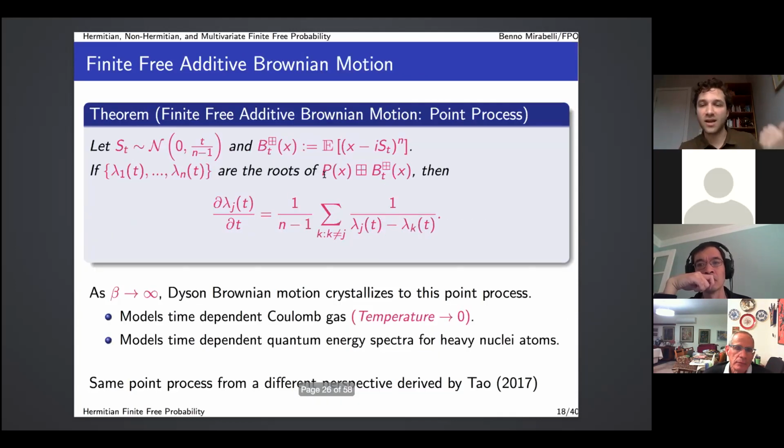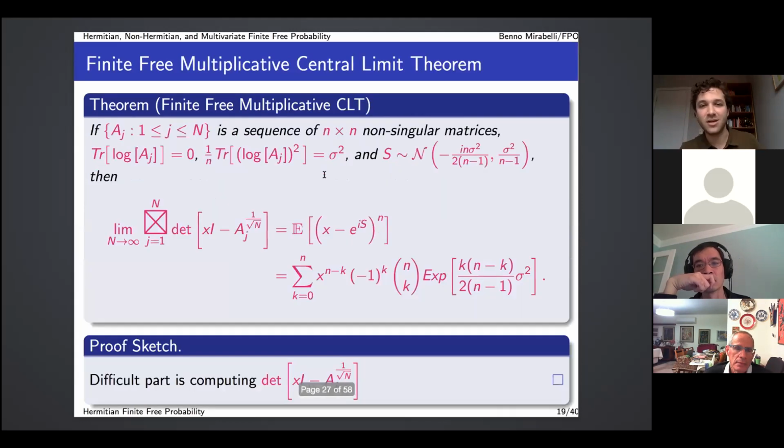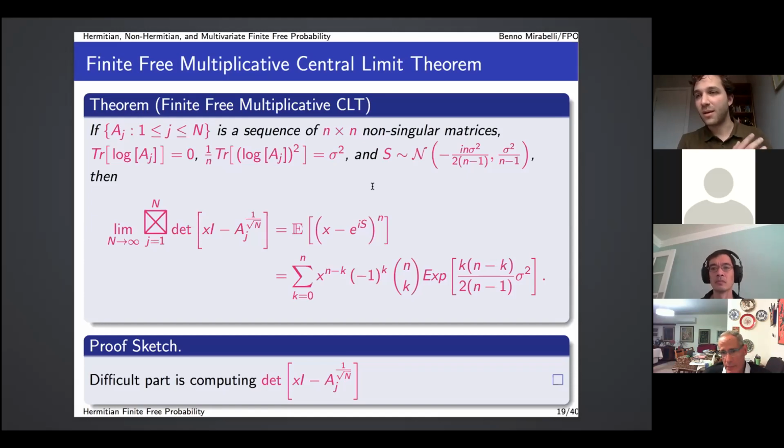I also, in my dissertation, which I didn't get to talk about here, was able to represent, I don't know if you know, in those finite free papers, they define p hat, the polynomial on differential operators, and they allow them to turn the finite free additive convolution into just multiplying these p hats. Right, I remember, yes.